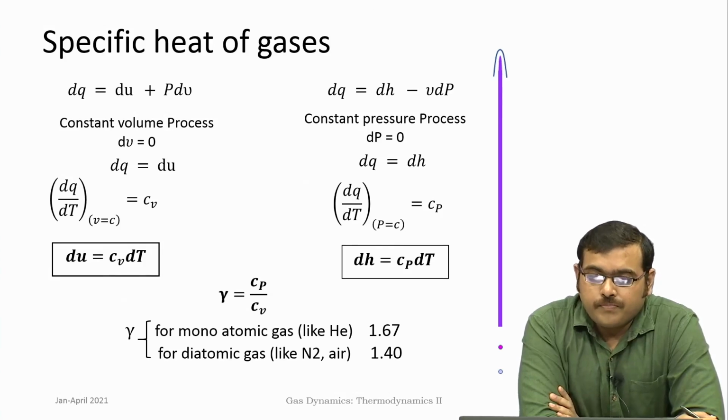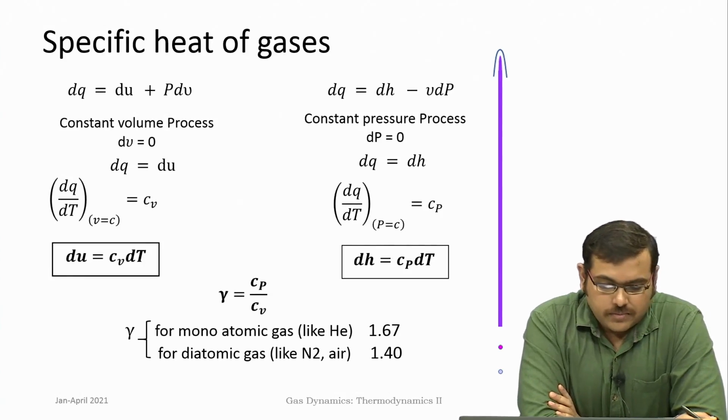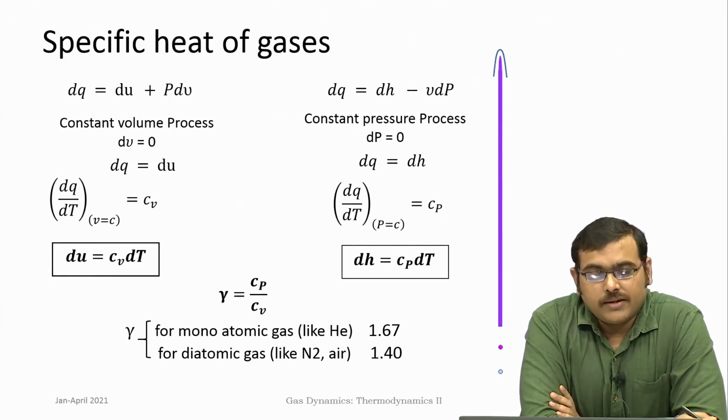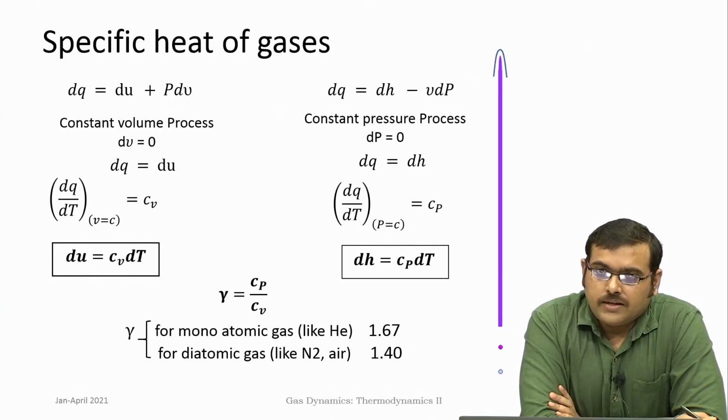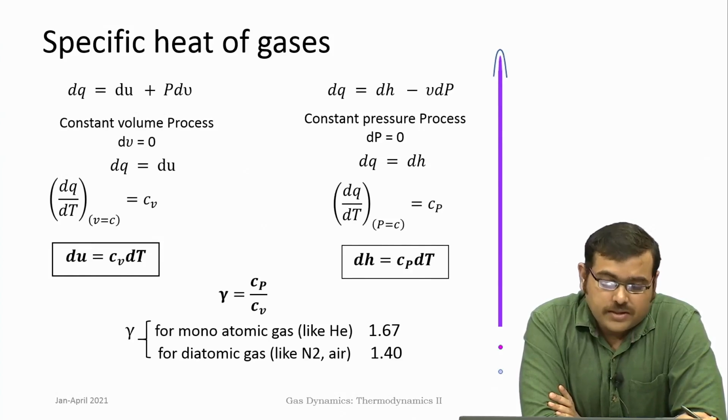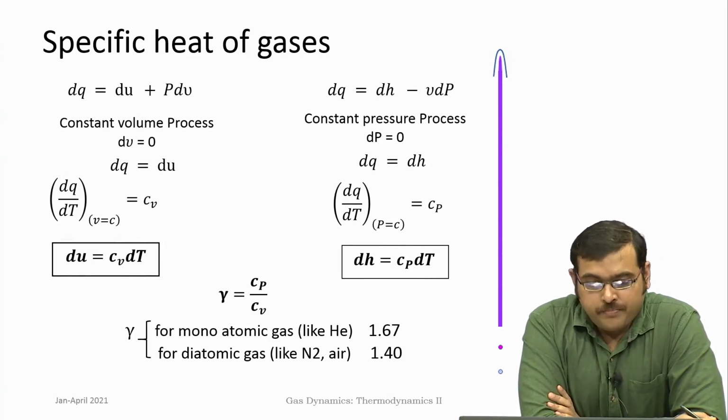Then the important definition that comes about is the specific heat of gases. Now the specific heat by definition is the amount of heat that needs to be added for a unit mass of the substance to increase its temperature by 1 Kelvin.